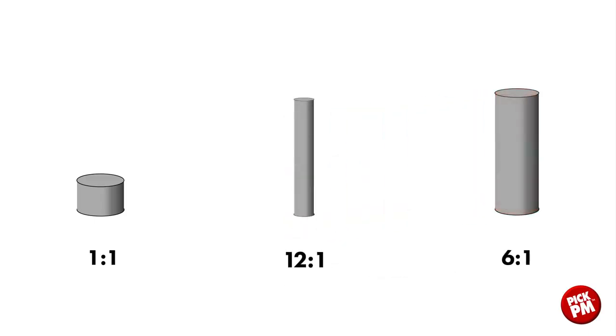If we go to the middle example, we see an aspect ratio of approximately 12-to-1. At a 12-to-1 aspect ratio, the neutral axis can be very pronounced.